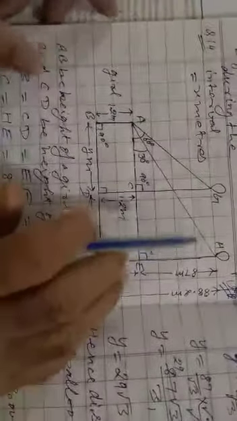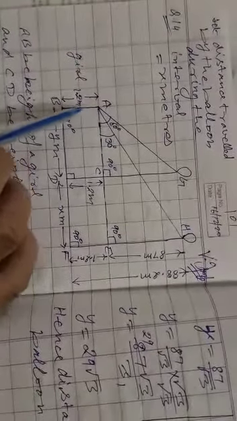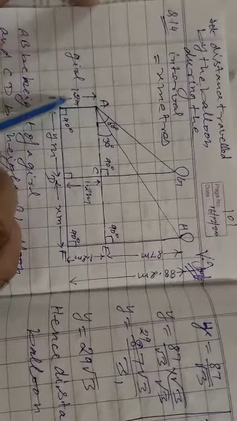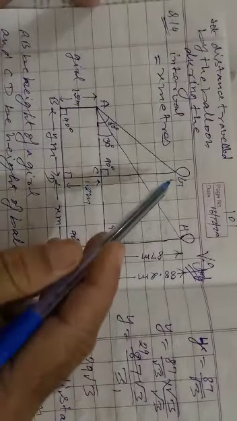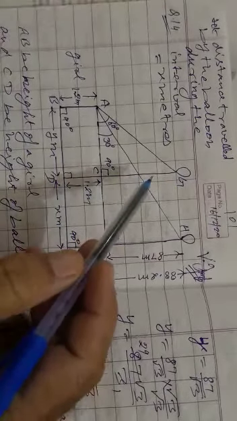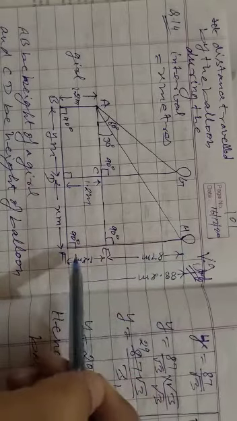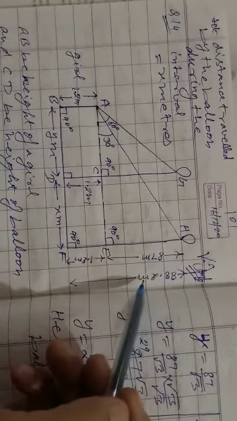Now let AB be the height of the girl, that is 1.2 meter, and CD be the height of the balloon, that is 88.2 meter. Similarly, HF is the height of the balloon, that is 88.2 meter.